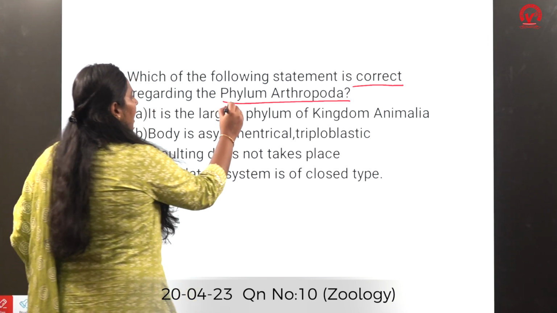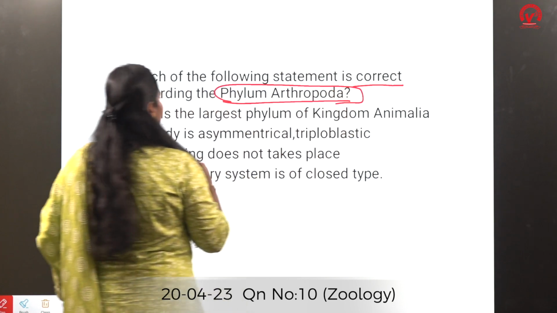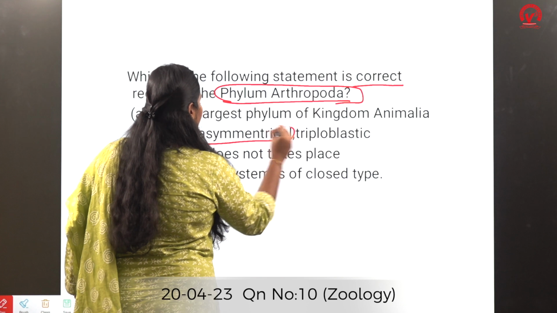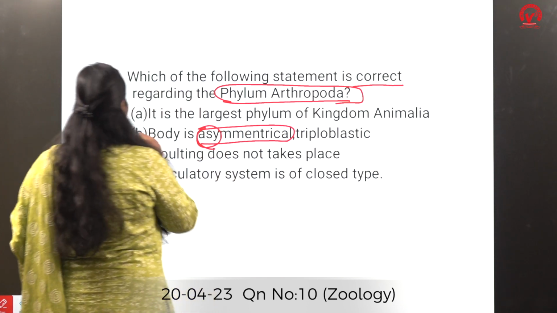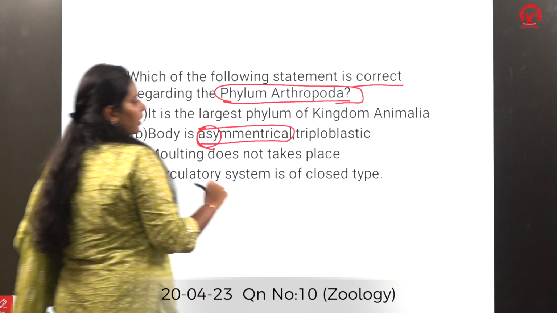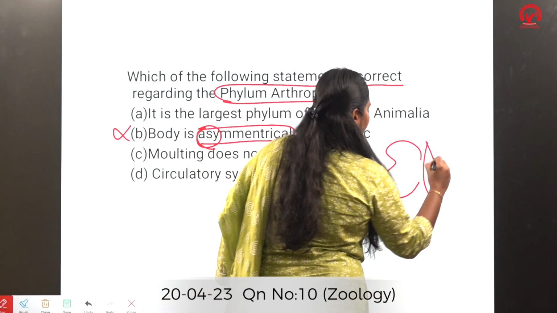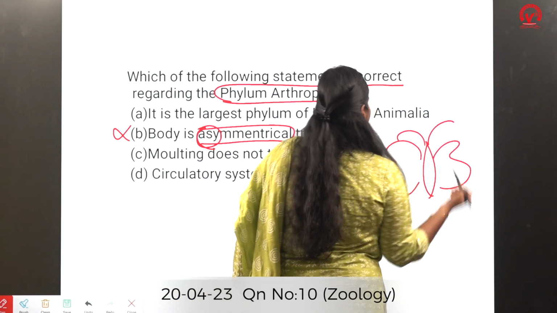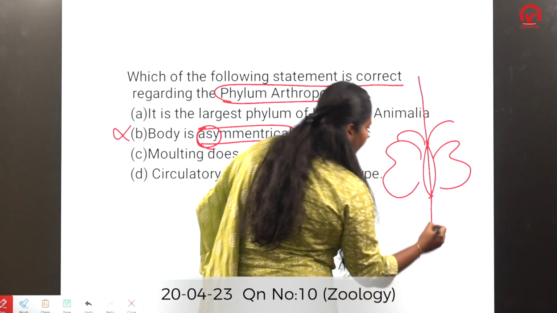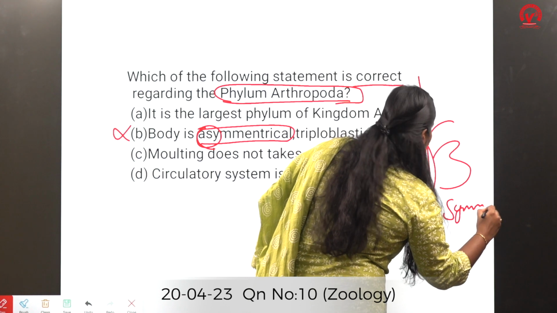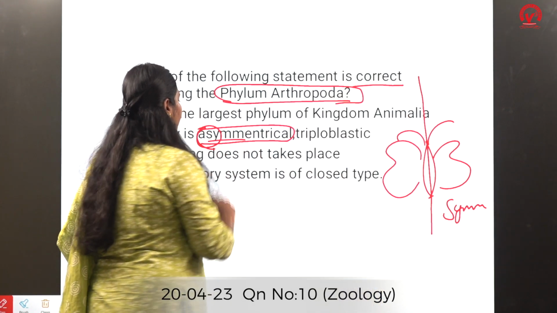First, in phylum Arthropoda, the organisms are usually symmetrical, so it is not asymmetrical. So this option is wrong, because butterflies come under Lepidoptera. They can usually be divided into two equal halves, so they are symmetrical and not asymmetrical. So this option is wrong.